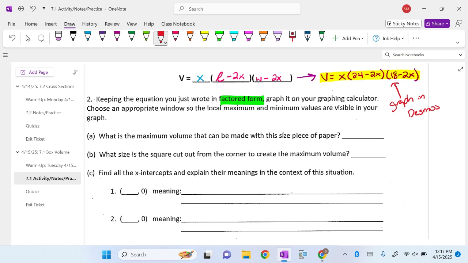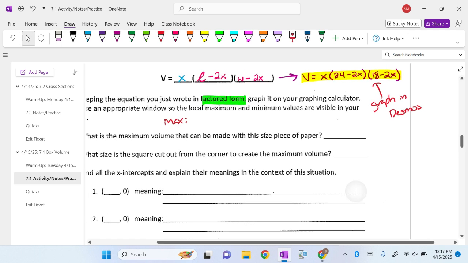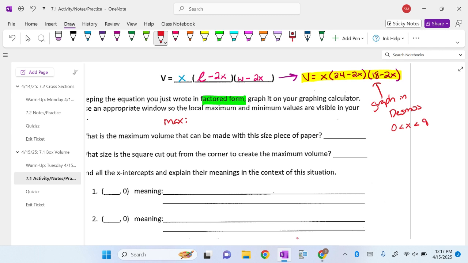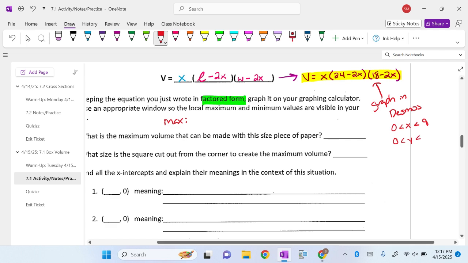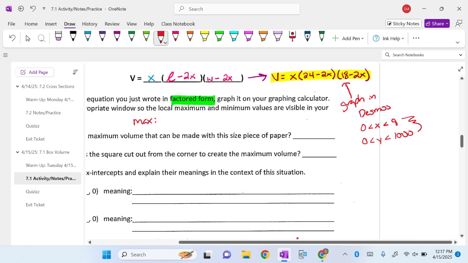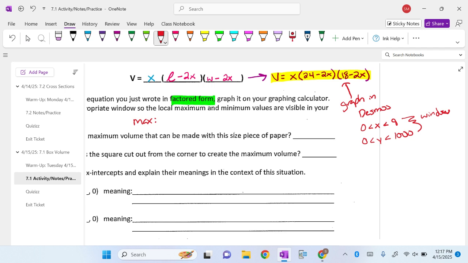So what's the maximum volume that can be made on this size of paper? Our max in this case, from this window, we looked at a window of 0 < x < 9 and 0 < y < 1,000. And why do we look at that window? My x values represent my height.